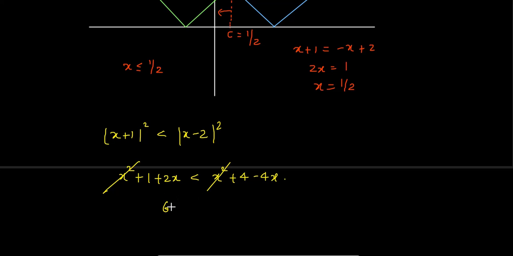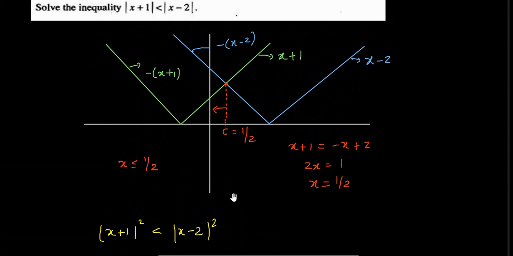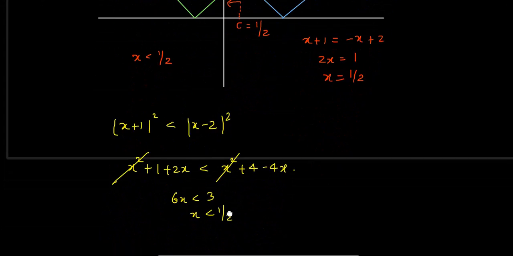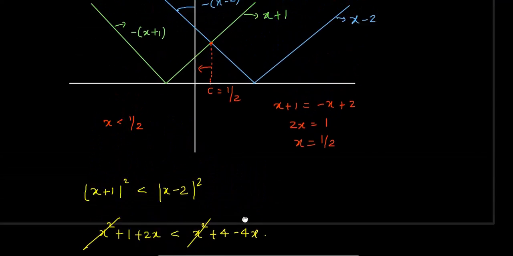I get 6x is less than 3, so x is less than half. Here is a small correction: this half is not included because there is no equality involved. So this is just x less than half. So the solution is coming out to be x less than half.